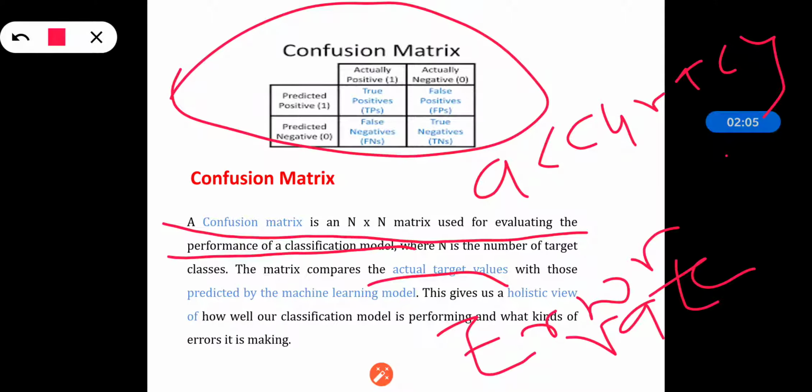Means whatever correct predictions you are getting, that will be divided by the total number of predictions, and that is called accuracy. This is one type of performance metric, and another performance metric is error rate. So error rate is the number of wrong predictions divided by the total number of predictions.